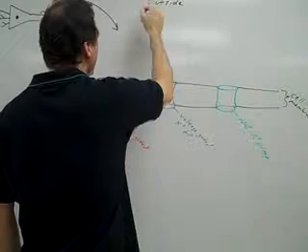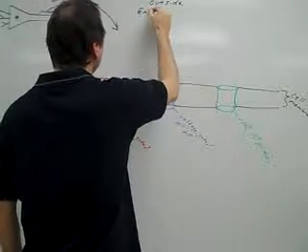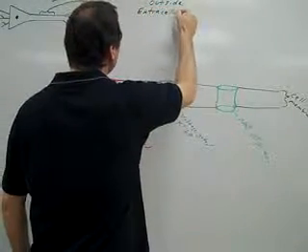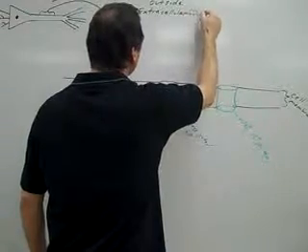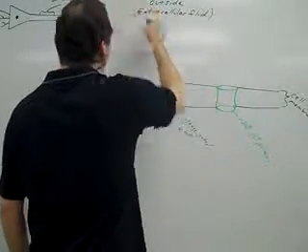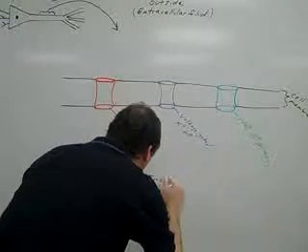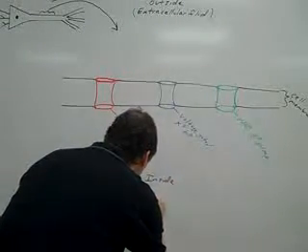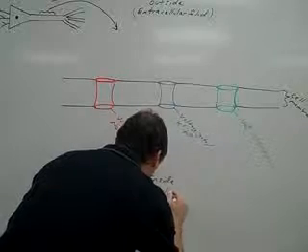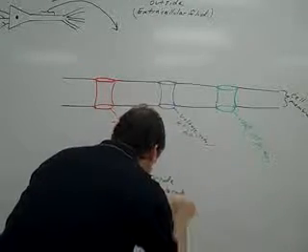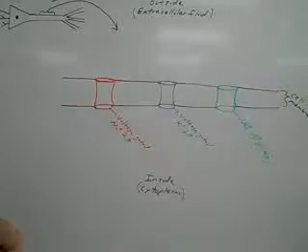We could call this the extracellular fluid. And this will be the inside of the neuron, or the cytoplasm. All right, so there we go.